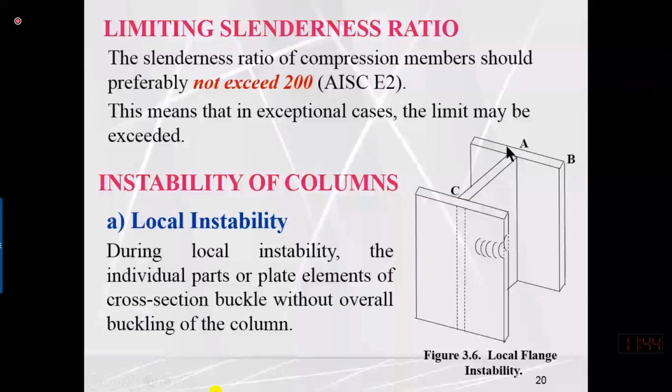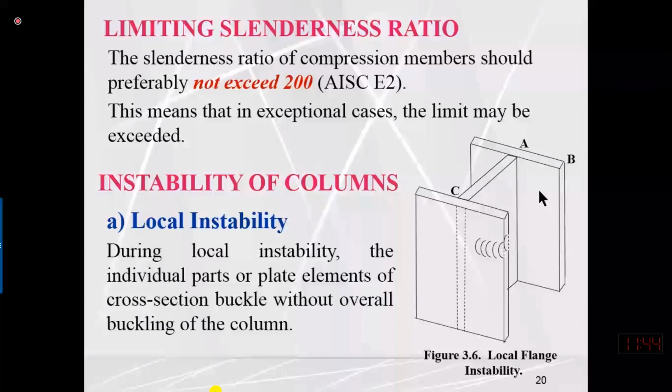We can call stiffened element buckling web buckling, and unstiffened element buckling in channel and W section flange local buckling. If we have an angle section, both legs are unstiffened because both legs are connected from only one side.